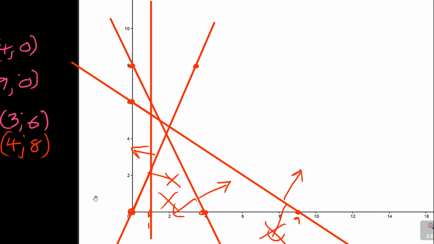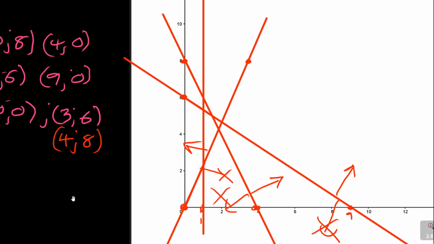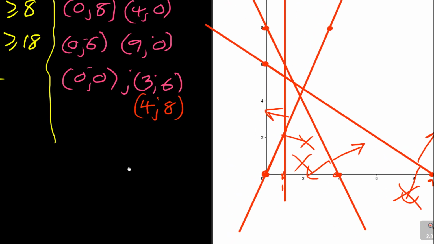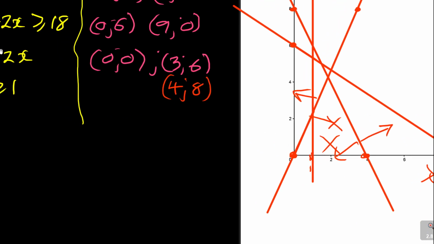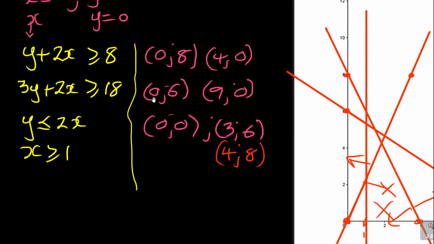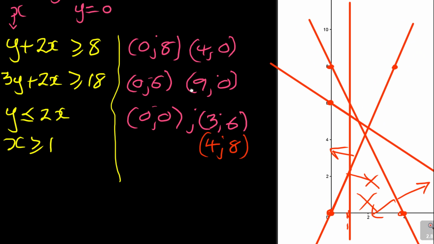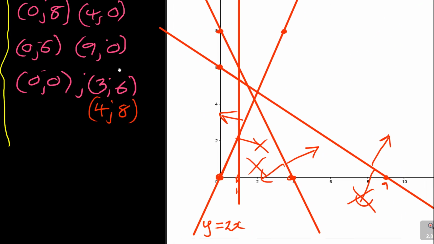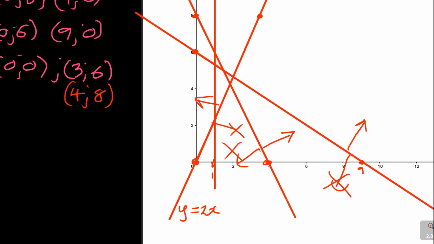So I was supposed to be labeling them, so let me come and label this. This is y is equal to 2x, because these are the equations, and then the other one is y plus 2x is equal to 8. The one of 8 and 4 is this one.